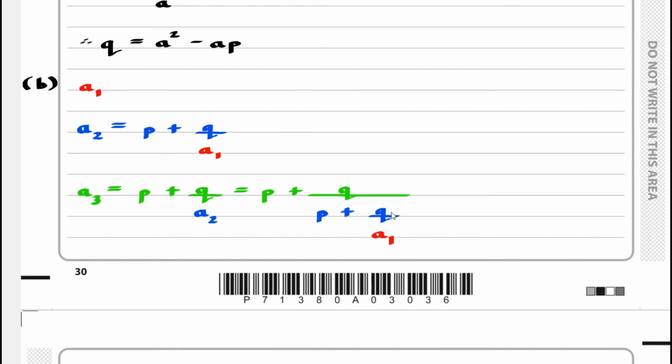So for part B, we've got a1, the first term. For the second term, a2, that's equal to, using our sequence, p plus q over a1. The next term, a3, that's equal to p plus q over a2, and I know what a2 is, so I have a3 equaling p plus q over (p plus q over a1).